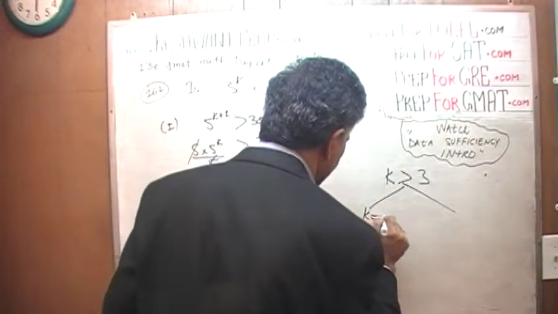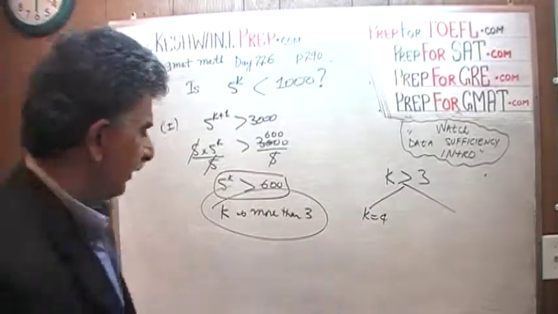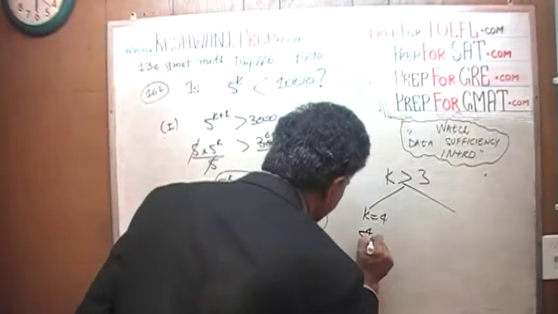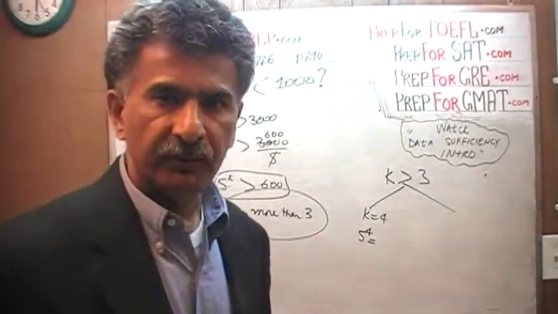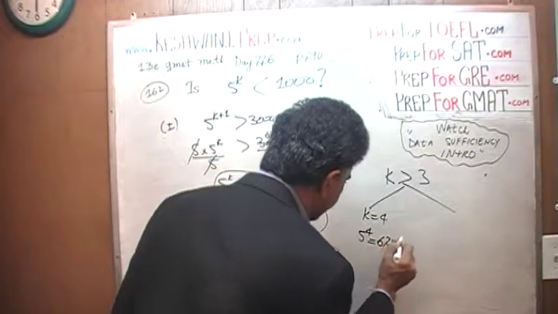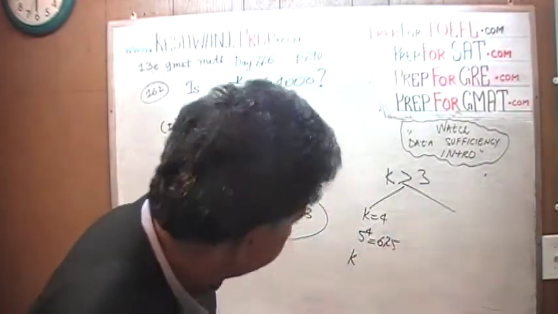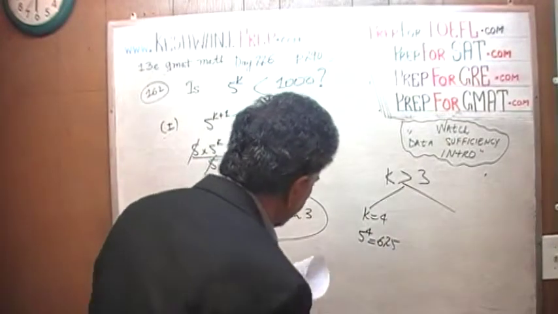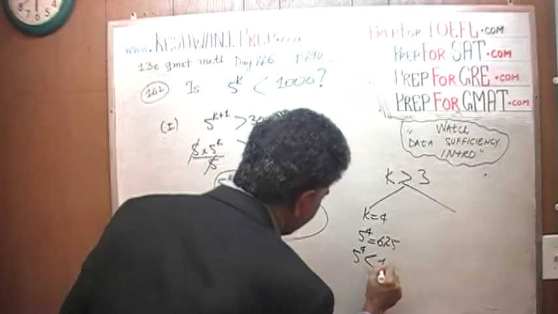Well, k could be 4, in which case 5 raised to 4 would be 5 times 5 is 25, 25 times 5 is 125, 125 times 5 is 625. So in this case, is 5 raised to k less than 1,000?